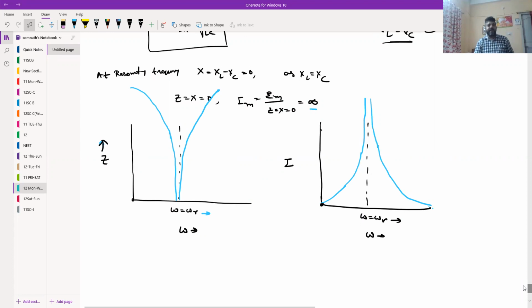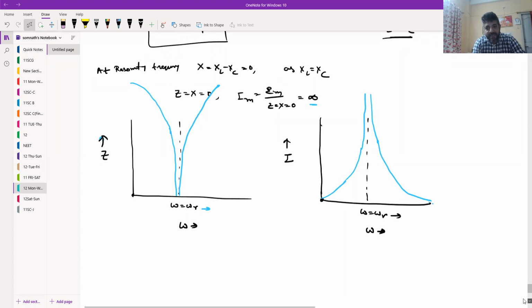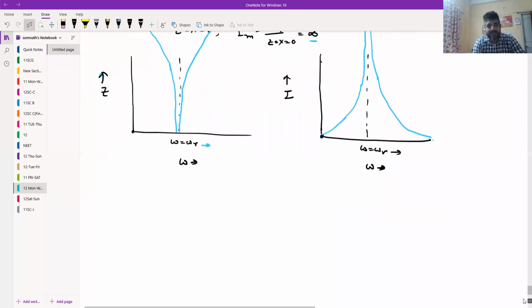Understand? Yes, sir. So this is my current frequency and impedance frequency graph.